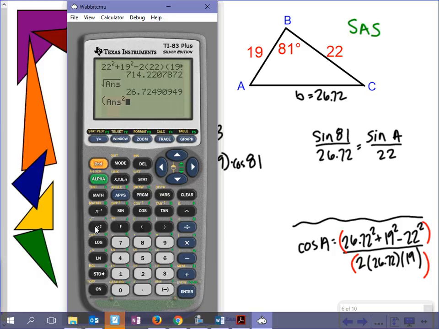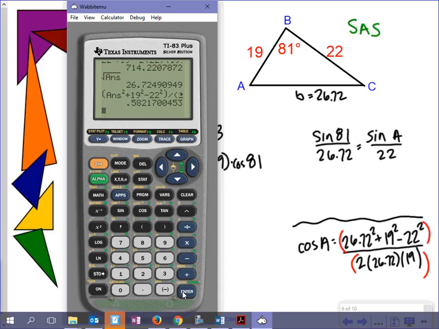I'm going to do answer squared plus 19 squared minus 22 squared, close my parentheses, divide by 2 times my answer times 19. And that gets like 0.582 stuff. But that's what the cosine of A is equal to.